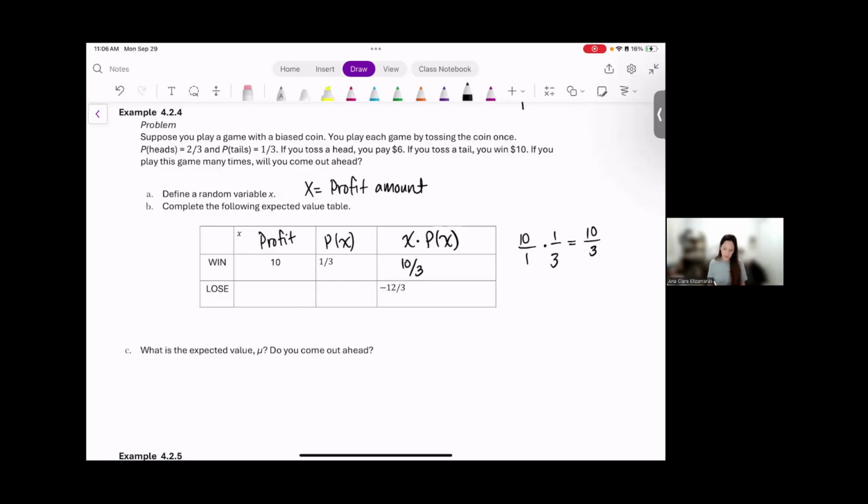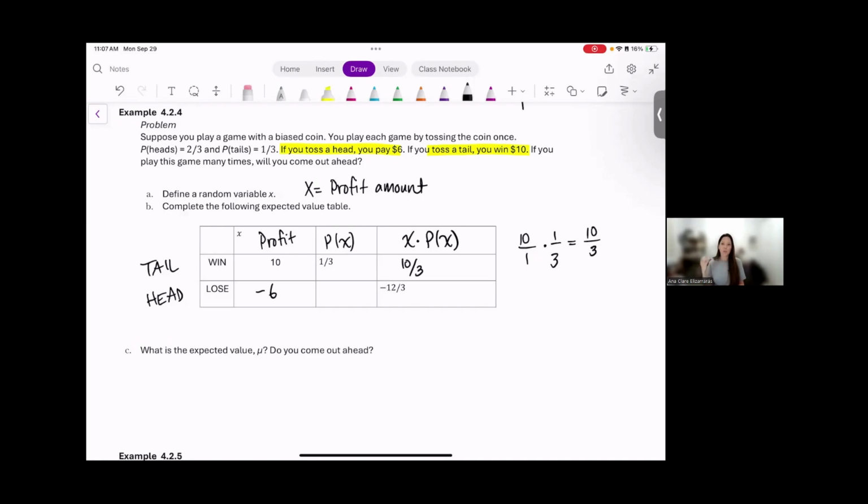Well, if I lose, I was told if I toss a head, I pay $6. And if I toss a tail, I win $10. So this is tail, and this is head. So I need to pay $6, and I represent pay with a negative sign. Remember the probabilities have to sum to 1 whole.